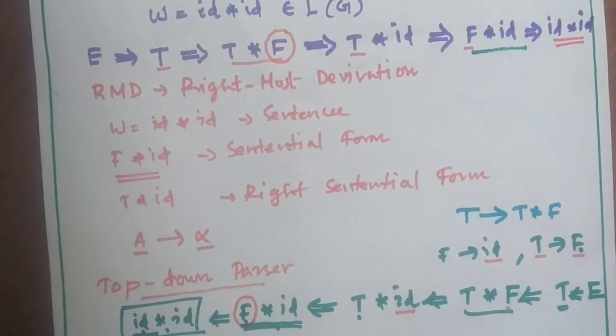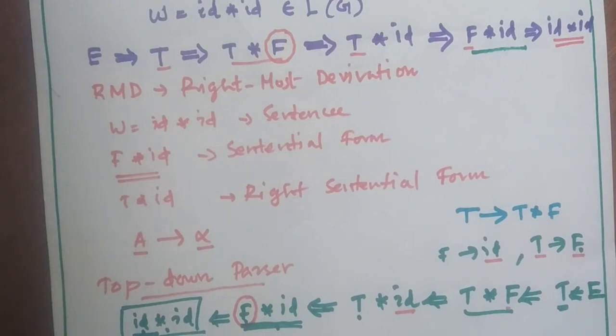So what a top-down parser will do is, from the given string, it identifies a substring which is matching with the right side of a production, and that substring will be replaced by the left side of the production in order to get the just previous right sentential form in the rightmost derivation of the given string.